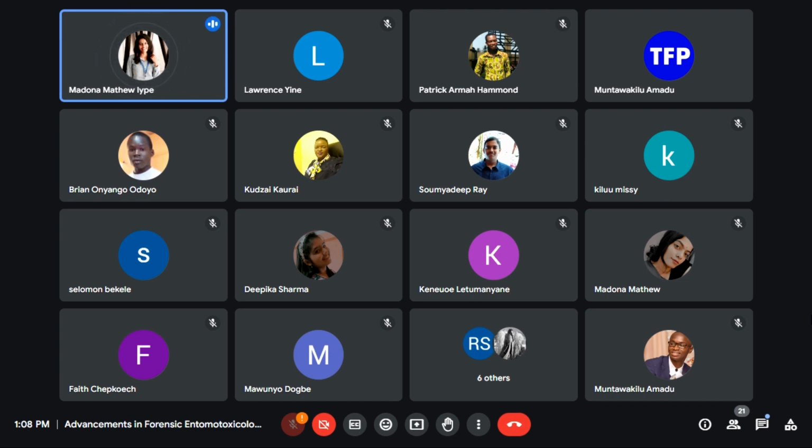Then documentation: the chain of custody should be taken care of, with proper photographs, sketches, and notes. Relevant environmental conditions like temperature and humidity always have to be taken care of, and their details at the time you collect the evidence have to be noted.